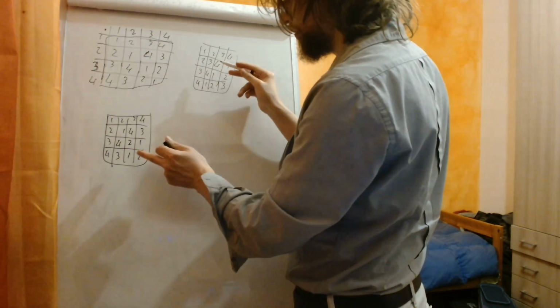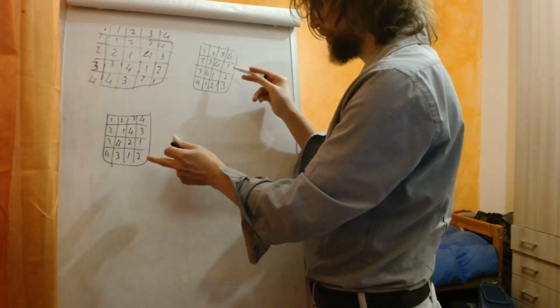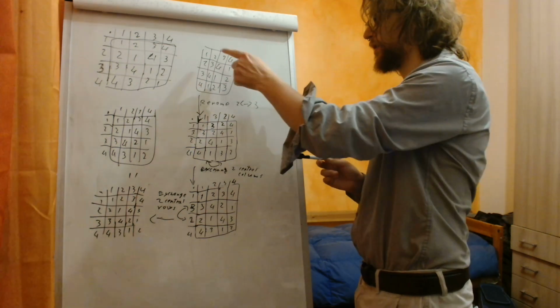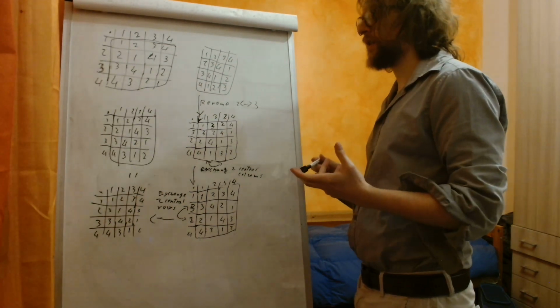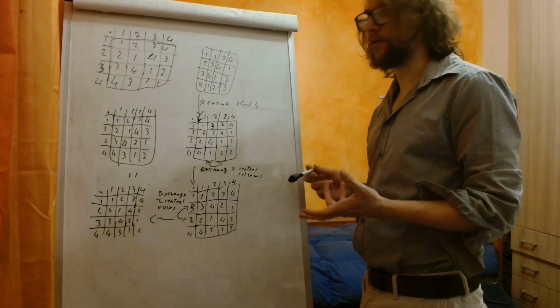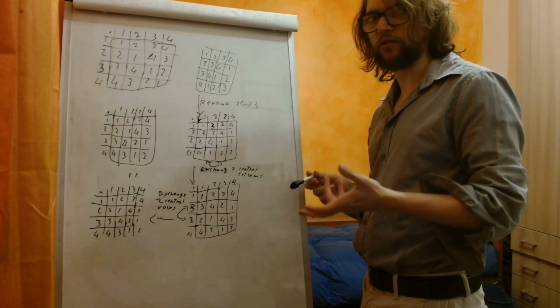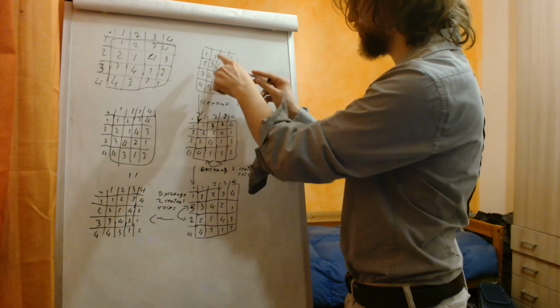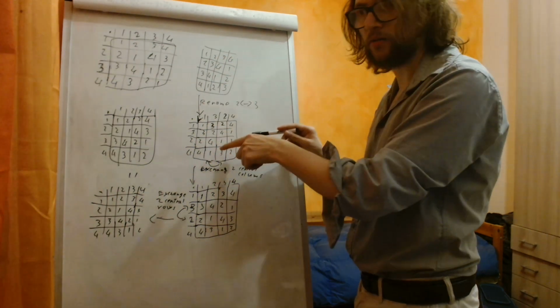But are these two different? We can check. We can exchange the names of 2 and 3, because names are arbitrary, so renaming doesn't change the structure of the group, and we get, by exchanging 2 with 3, this table.